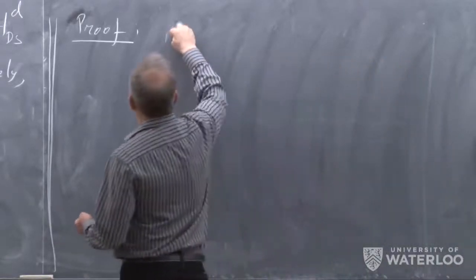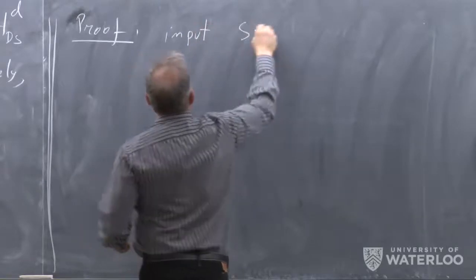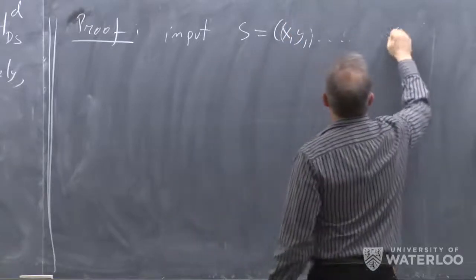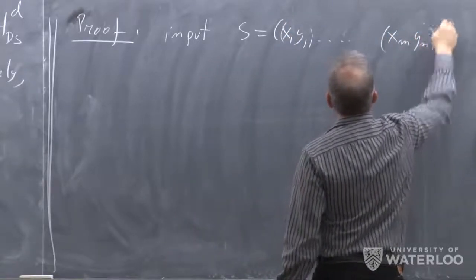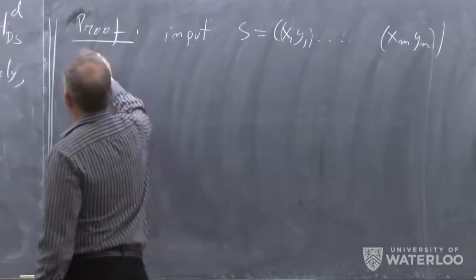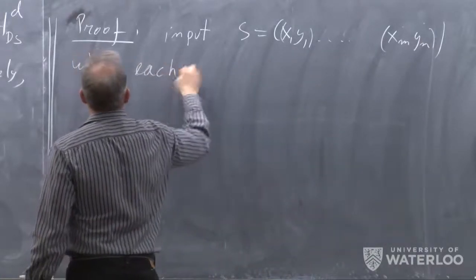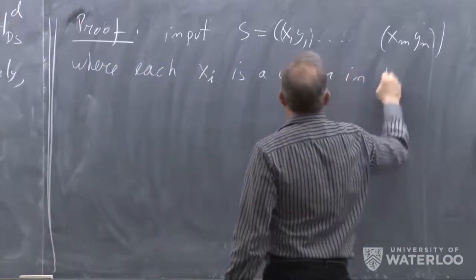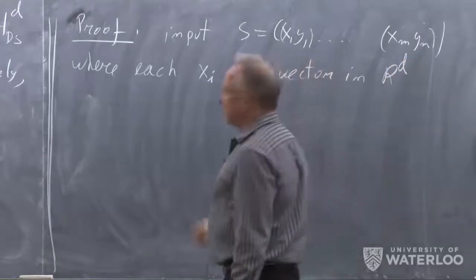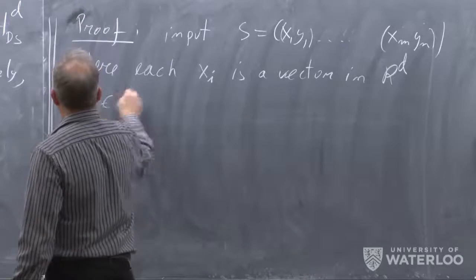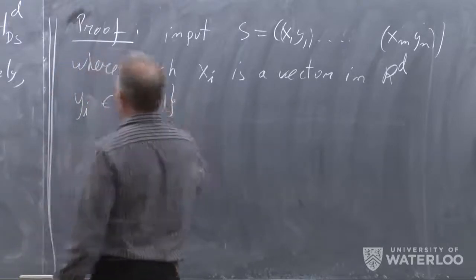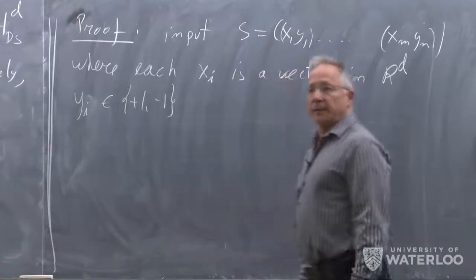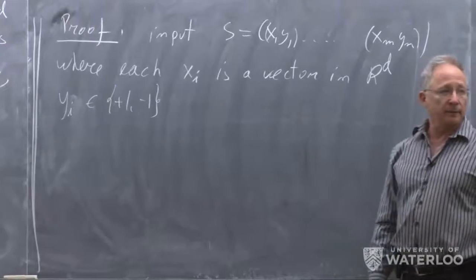Your input is a sample S, (x1, y1) up to (xm, ym), where each xi is a vector in R^d, and the yi's belong to {+1, -1}. And now we want to output the best decision stump, the one that minimizes the error over this sample.